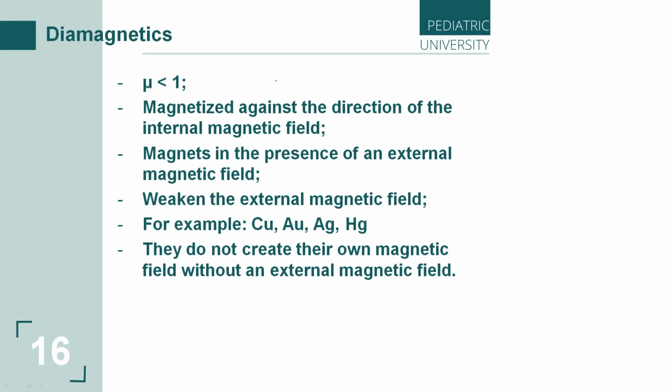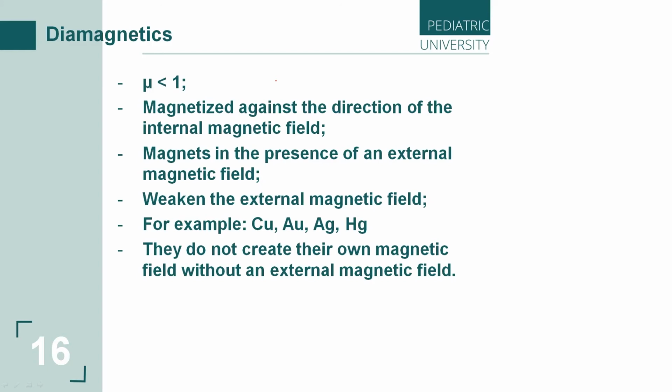That is, they have mutually compensated magnetic moments. The coefficient mu is less than 1. For example, copper, gold, silver, mercury. They are magnets in the presence of an external magnetic field, and they are capable of weakening an external magnetic field.